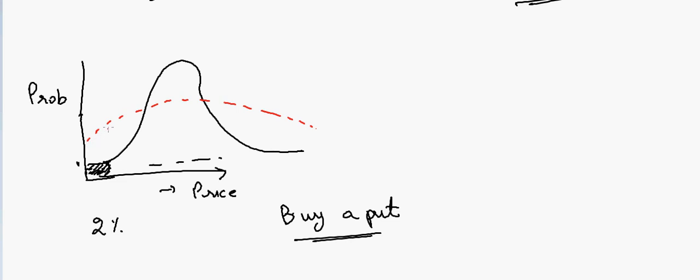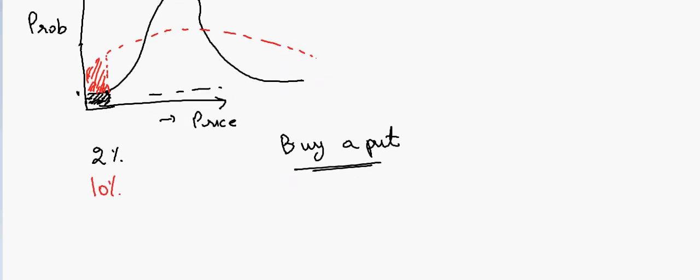So this probability will increase a lot. Now the probability maybe is 10%. In that case, the value of the put will go significantly higher. So then you sell the put. That's how you can make the money.